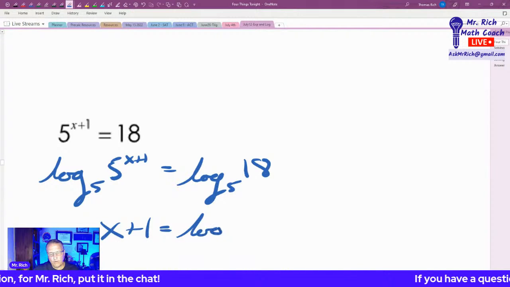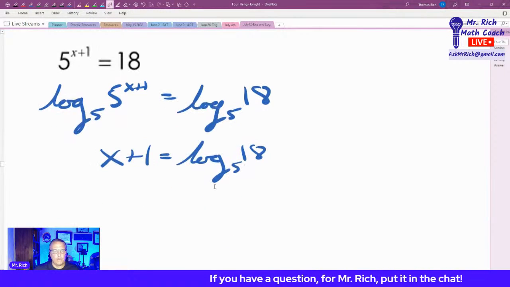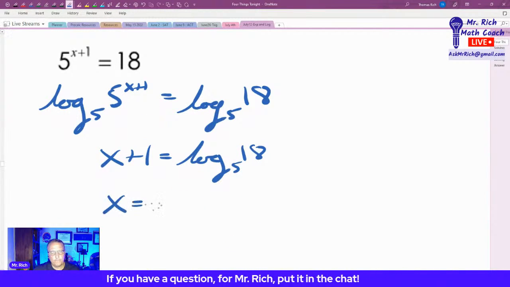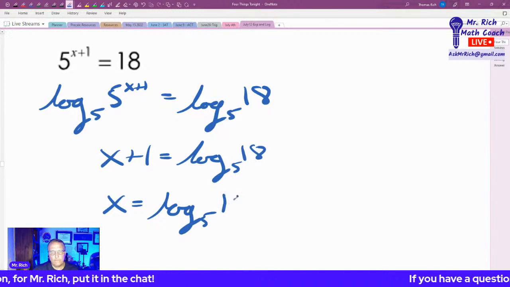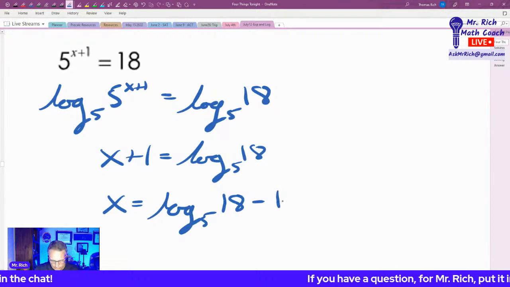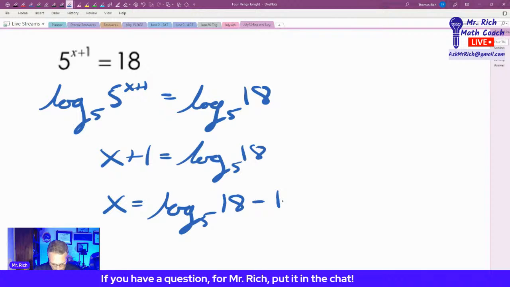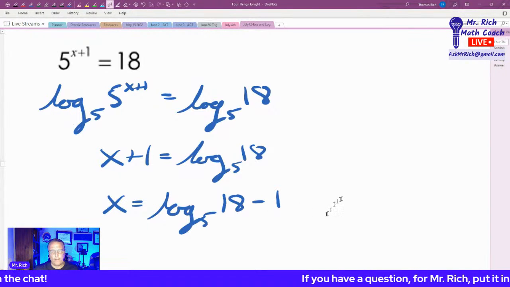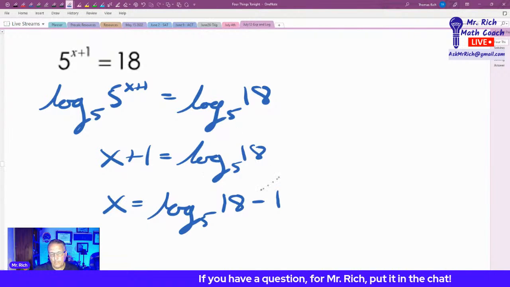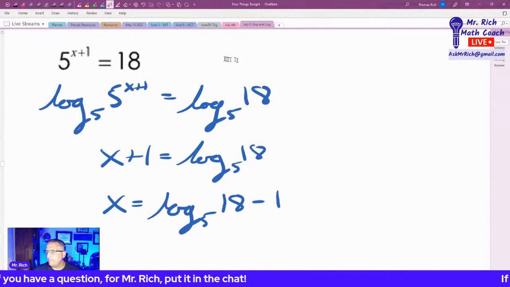And over here, I have log base 5 of 18. And finally, to solve this one for x, I would just subtract 1 on both sides, and I get log base 5 of 18 minus 1. And if I wanted to get an estimate on that, I definitely could, but I'll leave that for you.